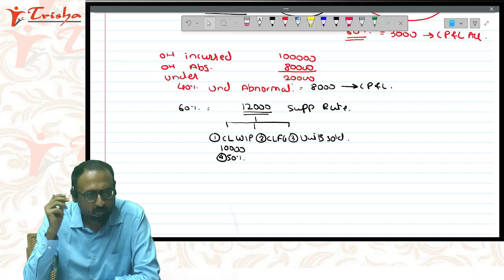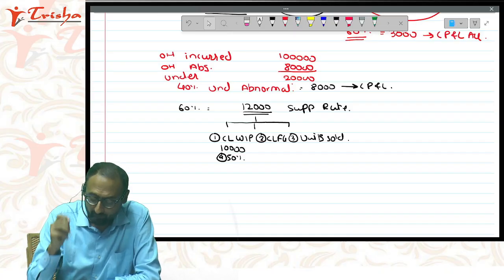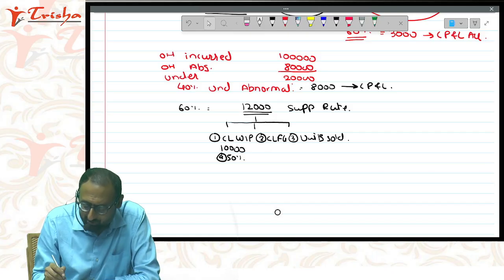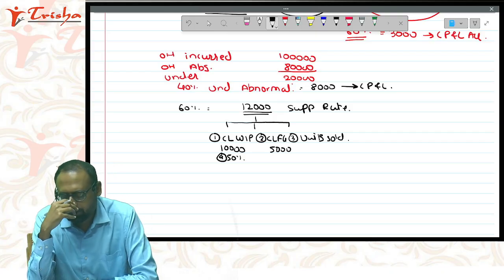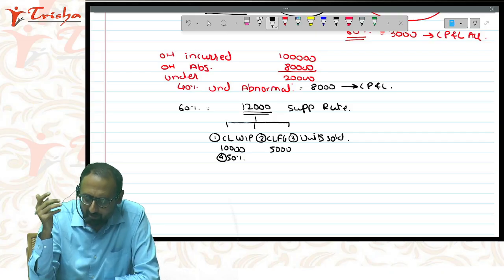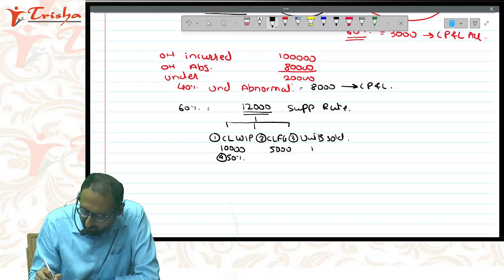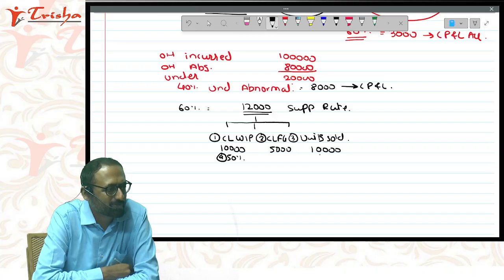Closing stock of finished goods is suppose 5,000. And units sold are suppose 10,000.